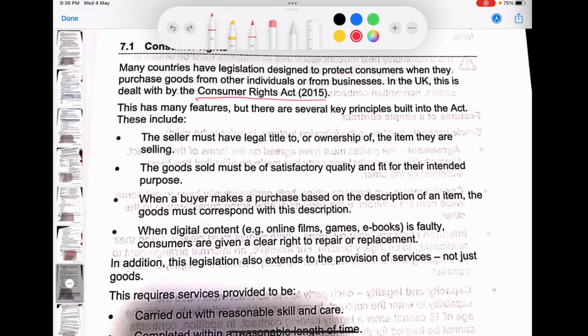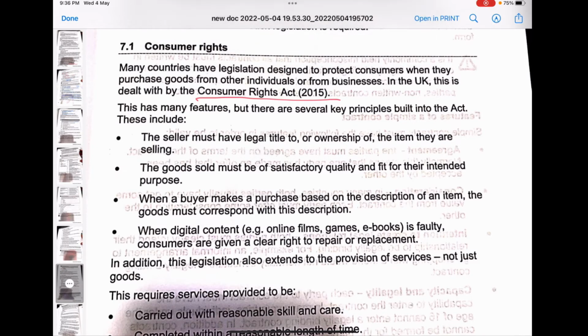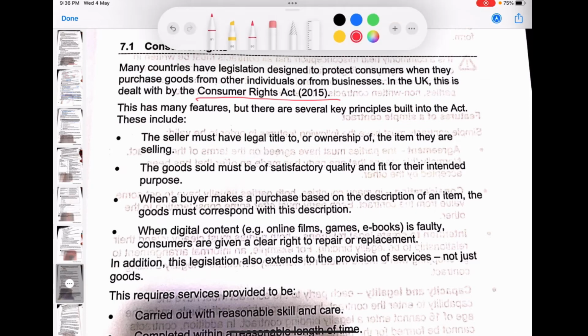Consumer Rights Act 2015. This has many features, but there are several key principles built into the act. They include: The seller must have a legal title or ownership of the item they are selling.